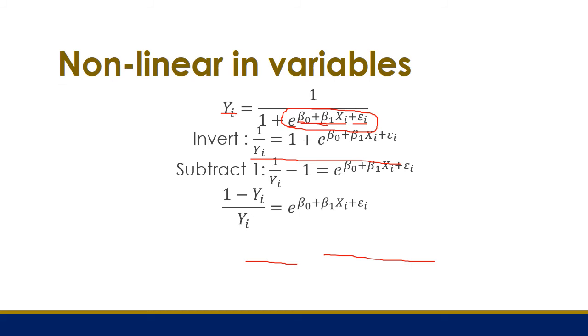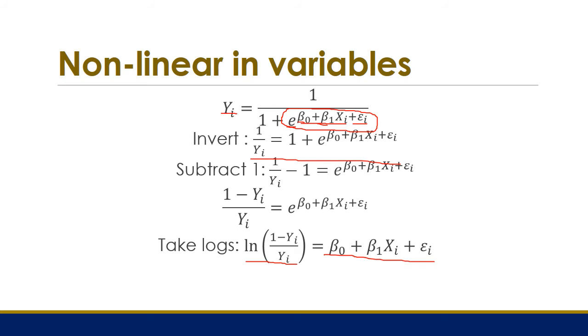Now you can take the logarithm on both sides, and this is what you get. You will notice this time you have a linear form on the right hand side, and on the left hand side you have a log form. This looks like a log linear model, but it is not called a log linear model because of the various steps we have gone through to come to this point.